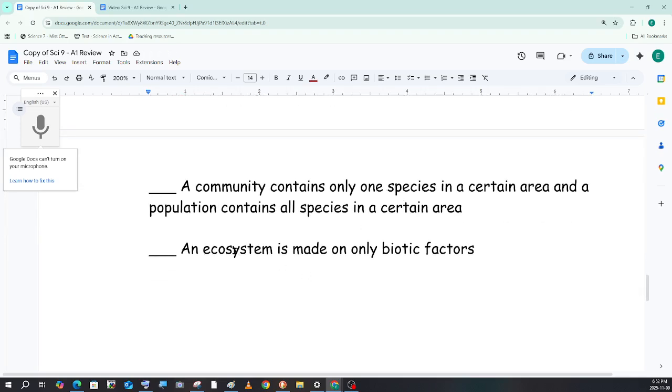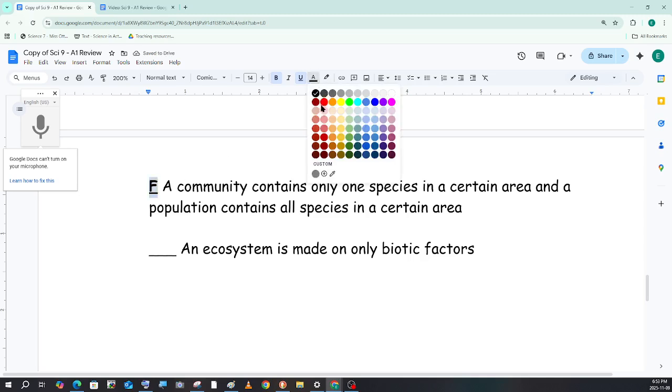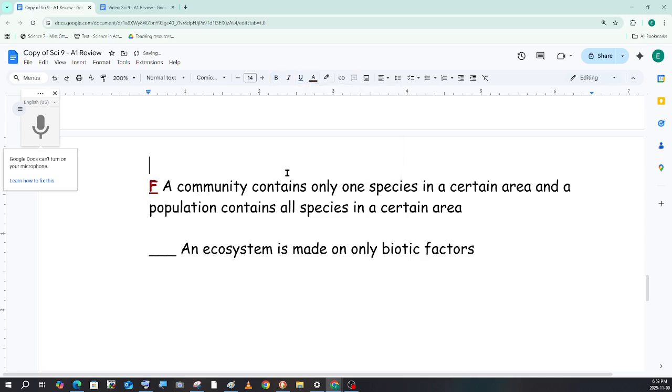All right, the next question. A community contains only one species in a certain area, and a population contains all species in a certain area. Again, this is a load of baloney. It's false. Now, in this case, the statement is reversed. Okay, so we would cross out only one. And on your sheet, you can write this above where it says only one.